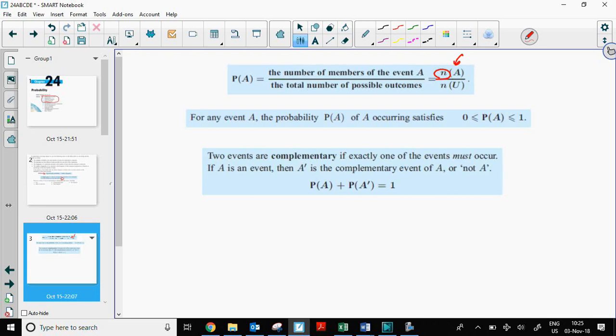So if I have 50 jelly beans in a bag, then the number of members in my sample space is 50. And if of those 50, 11 of them happen to be yellow, then the number of members in my event A being choosing a yellow jelly bean would be 11. So the probability of choosing that yellow jelly bean would be 11 out of 50.